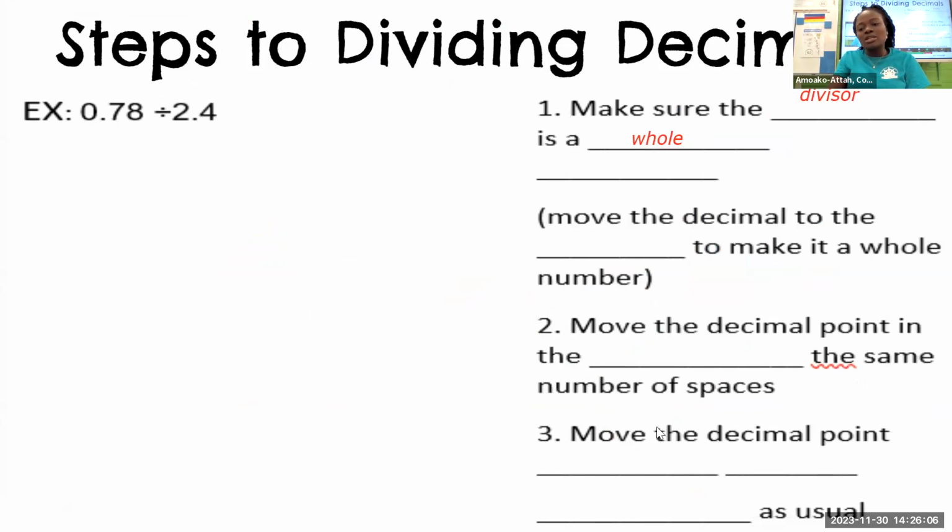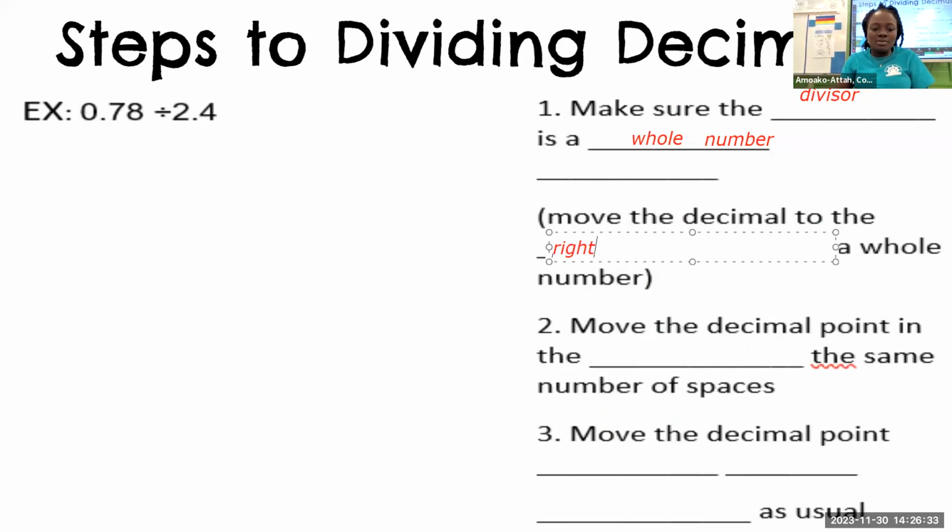You can't solve division of decimals while the divisor is not a whole number. So how do we make it a whole number? One, move the decimal to the right to make it a whole number.